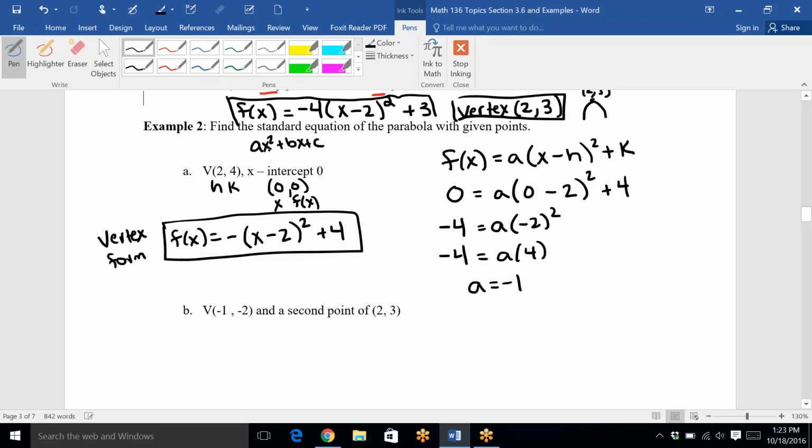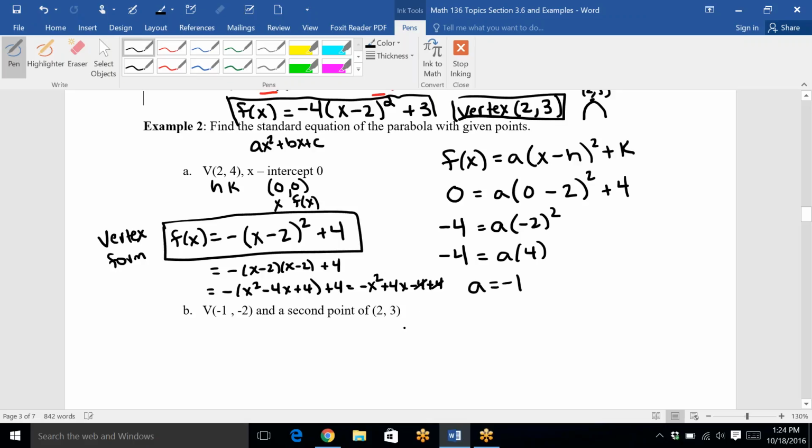If you want this in standard form, you need to FOIL this out and distribute the -1. So we would do x minus 2 times x minus 2, which gives me x squared minus 4x plus 4. I would distribute my -1 out front. That would be negative x squared plus 4x minus 4 plus 4.